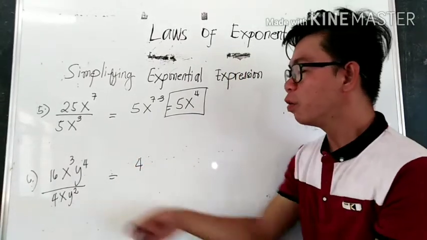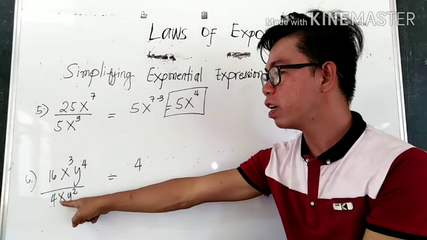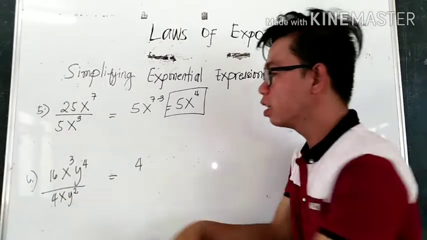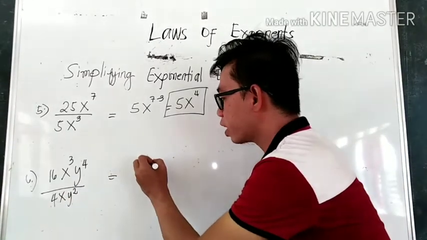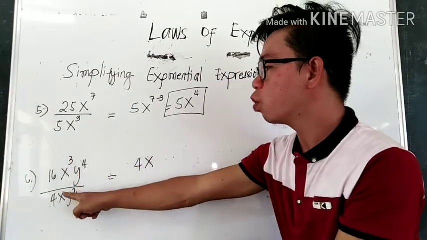Now we have the variables x and y in both. So we put x, 3 minus 1.